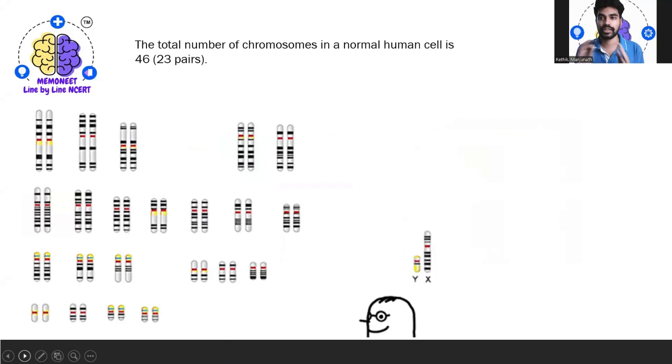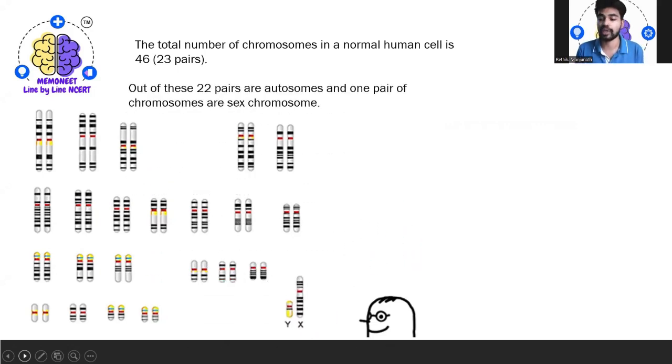As I told you, the total number of chromosomes in a normal human cell is 46, that is 23 pairs of chromosomes. This is a diagrammatical representation of how chromosomes could be written.